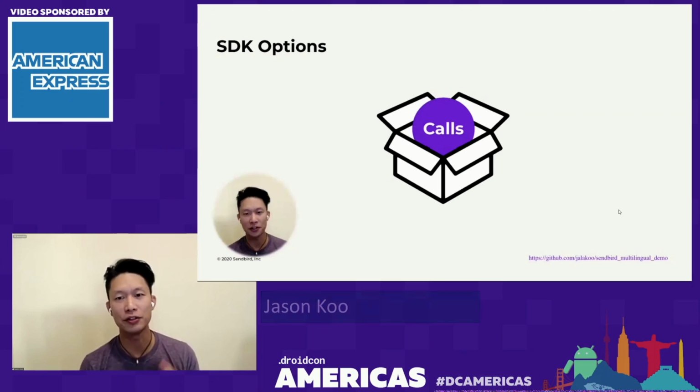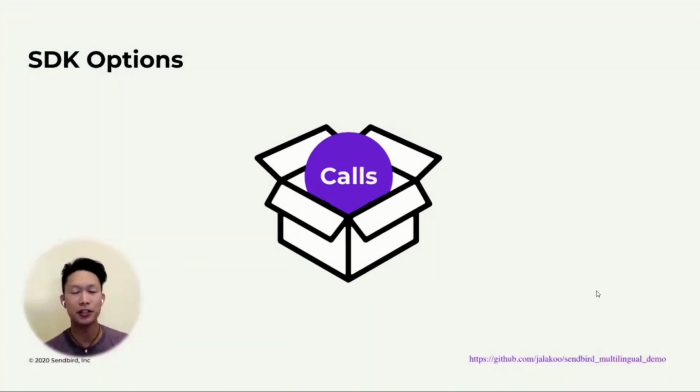And the calls SDK is very similar to the chat SDK in that it has all the API elements for you to be able to run voice and video inside an application. Like the chat SDK, it doesn't contain the UI elements to visually show the voice and call sequence.